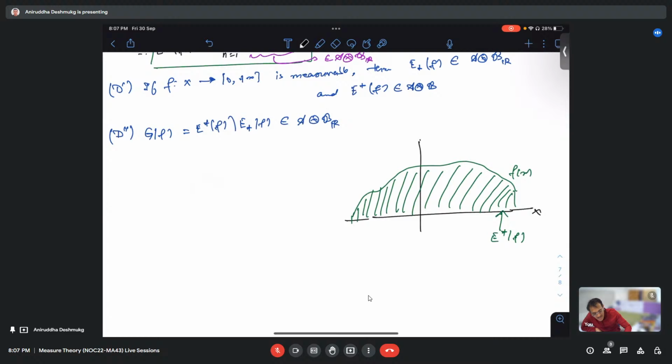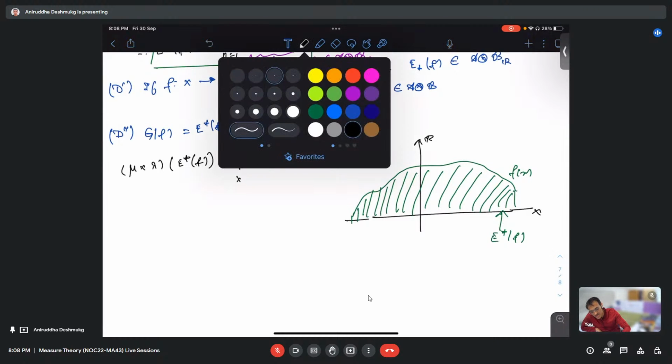Now this is our x and this is our R. So I can talk about mu cross lambda of E upper star f. Assuming that X is a sigma finite measure space, and R is already a sigma finite measure space, this must be equal to the integral over X of the measure of the x section of E upper star f, dx.